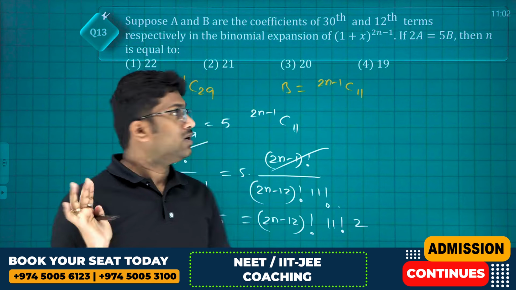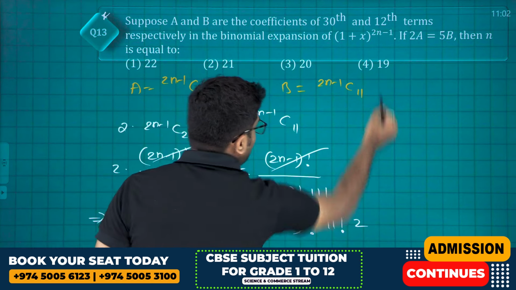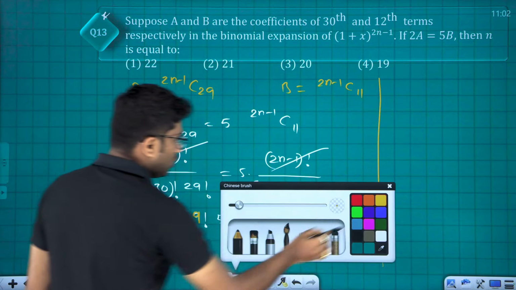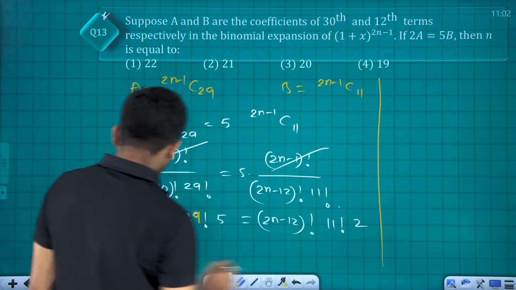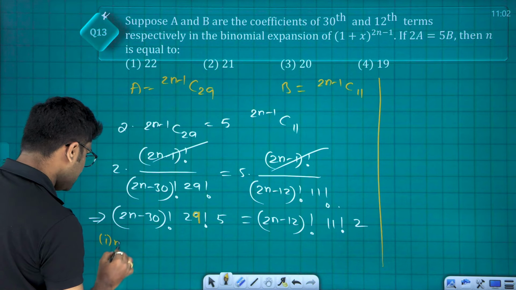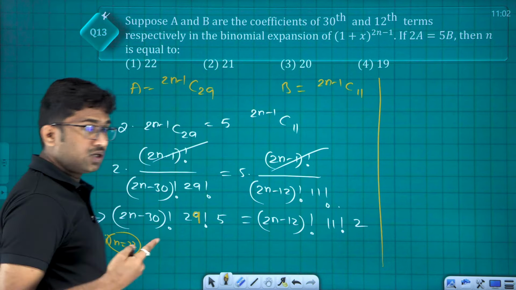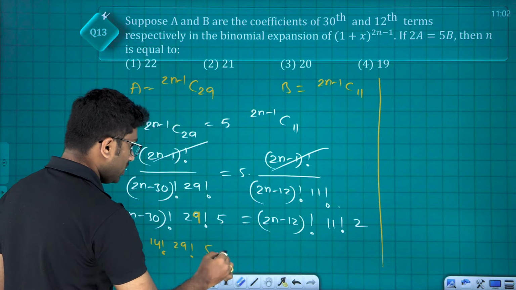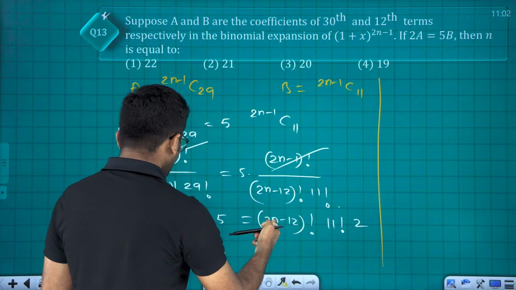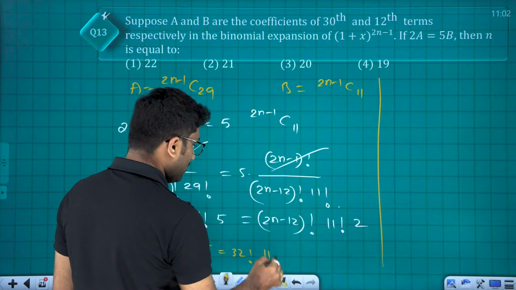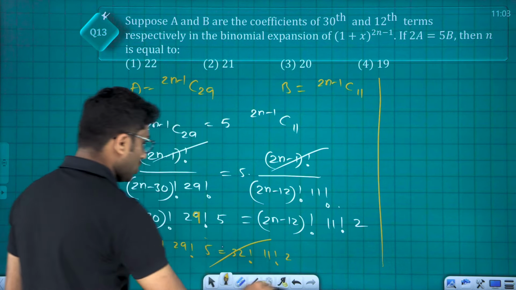So by trial, if we first put n equal to 22: 2 into 22 is 44, 44 minus 30 is 14 factorial, 29 factorial into 5 is equal to 44 minus 12, that is 32 factorial, 11 factorial into 2. So these two are not equal.